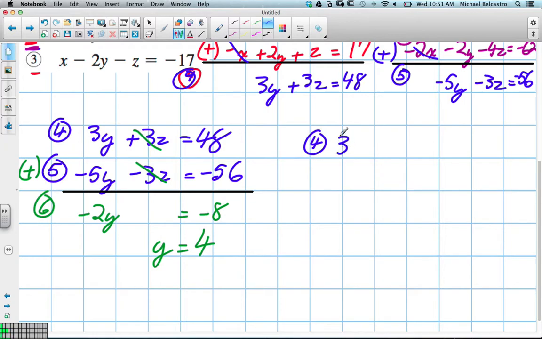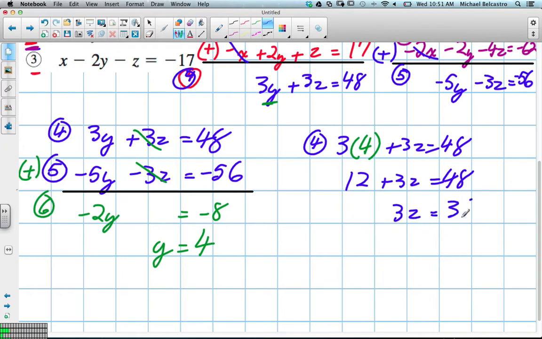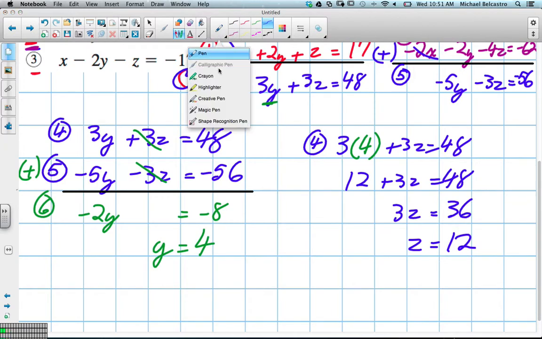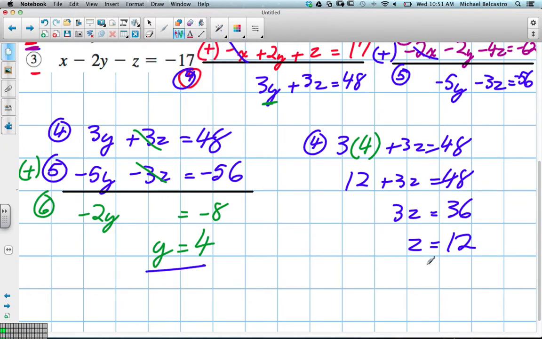I have 3, and we're going to substitute in for y the value of 4, plus 3z equals 48. We then get 12 plus 3z equals 48. 3z is equal to 36. Z equals 12. Perfect. I have two answers now, an answer for y and an answer for z.